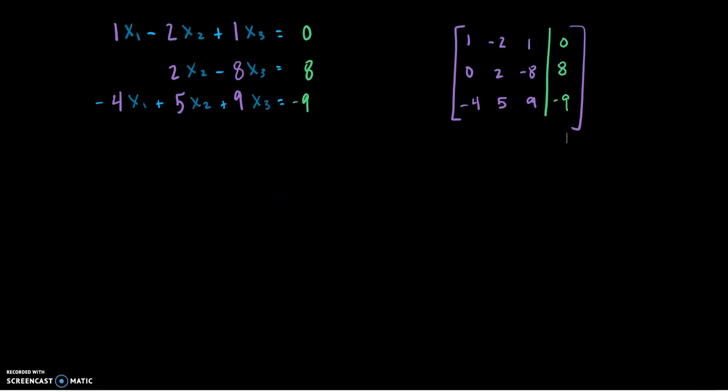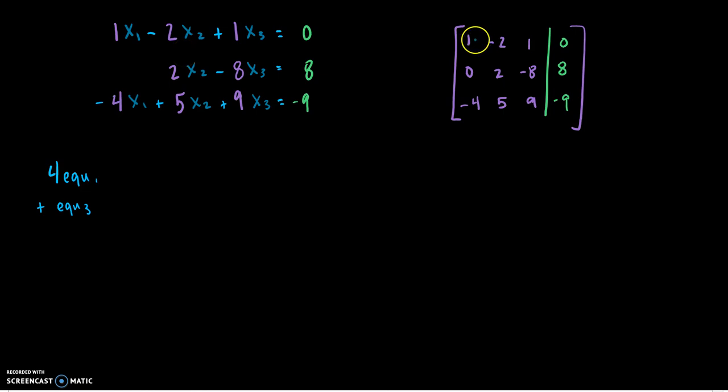All right. So in order to do this, we are going to take 4 times equation 1, and we're going to add it to equation 3. Again, we're trying to eliminate the x1s from all of the other equations.